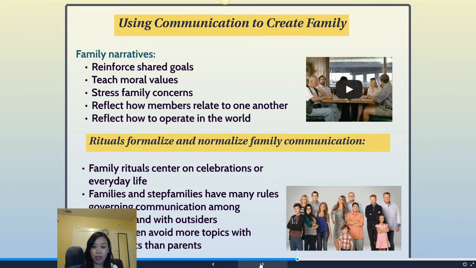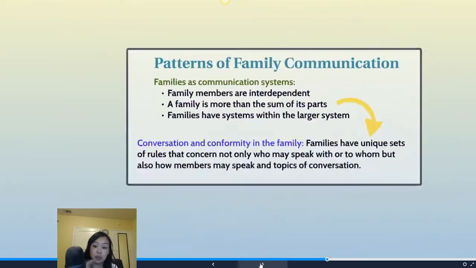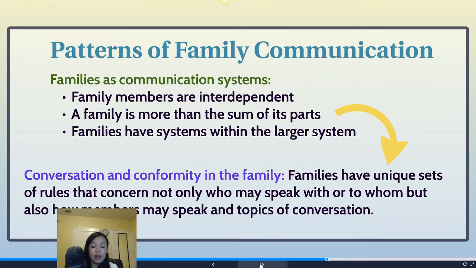So if I've always told my biological mother all my intimate secrets and feelings, and everything I feel on a daily basis, it's a little hard for me to do the same with my stepmother, because in order to do that, I would have to, in my mind, see her as playing a similar role as my biological mother, which I might not be able to do, right? So that's just one example of this idea that stepchildren tend to not discuss in-depth topics with their stepparents.